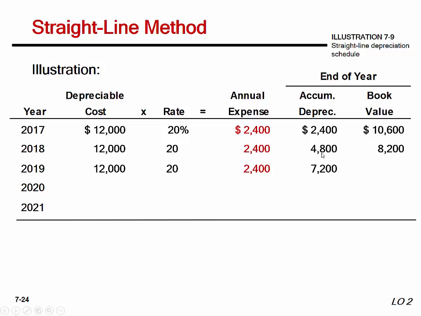This balance just keeps changing on the balance sheet. The expense account on the income statement for this year and this year and this year was 2,400 for each year. But this account gets accumulated over time. And you can see that it keeps getting larger by the $2,400 journal entry.